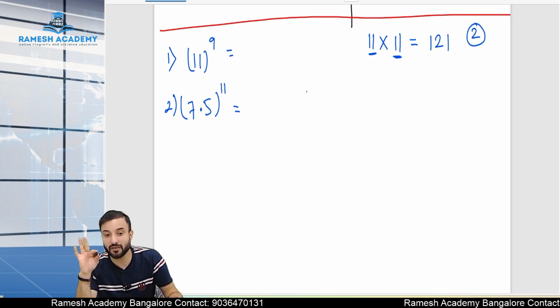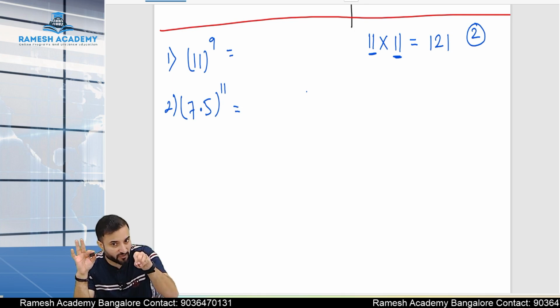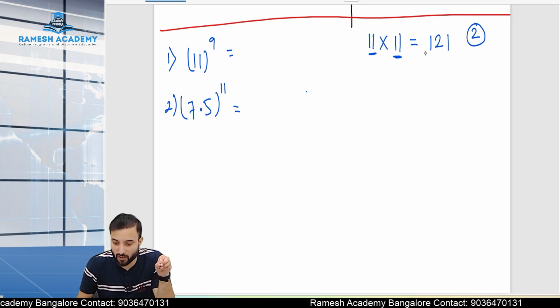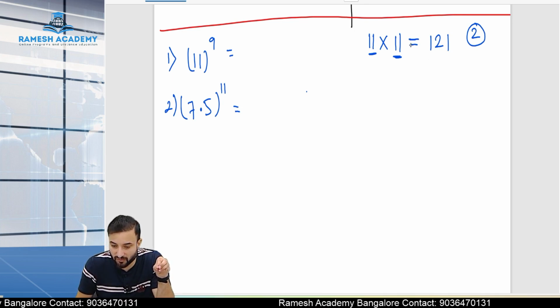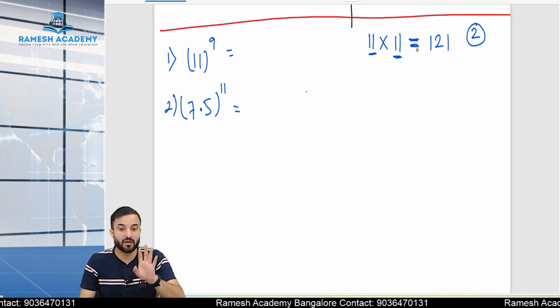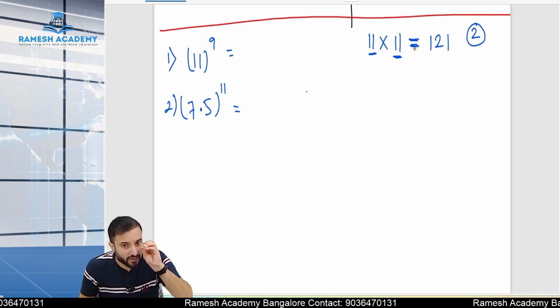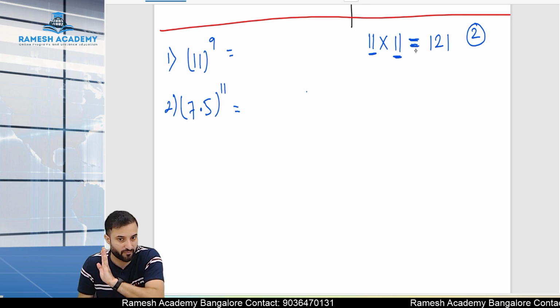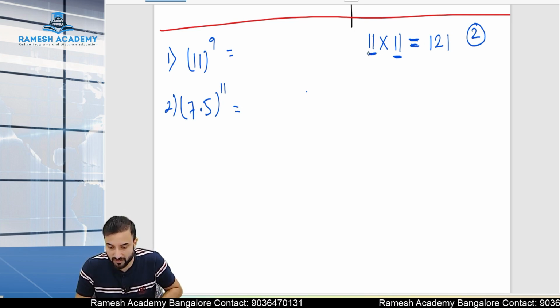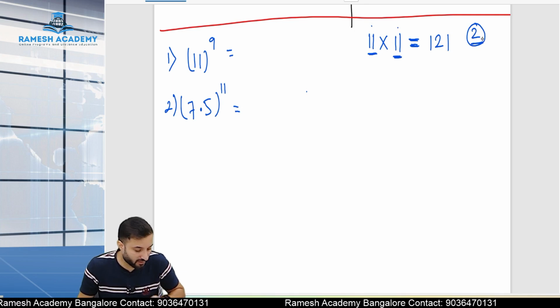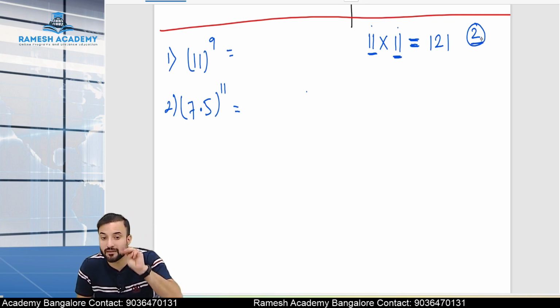So remember the thing, whatever the number of times you do, they will show 1 step more. Why? Because the third step is when you have pressed the equal button. So how many times did we do 11 into 11? 2 times, but they are showing 3 steps.